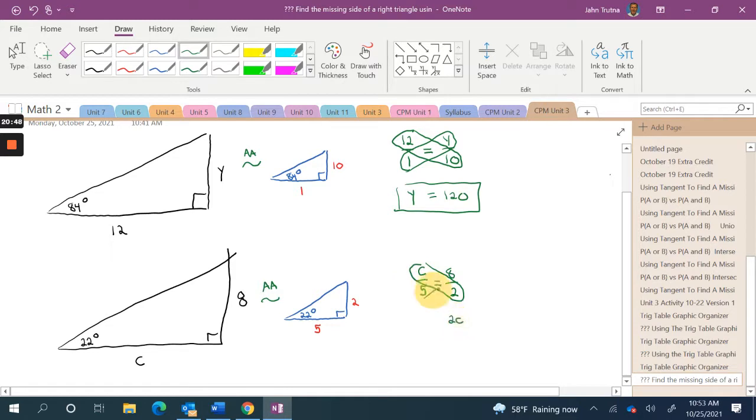I'm going to go 5 multiplied with 8, which equals 40. The results when you cross multiply are equal, and now I would divide by 2. What's c equal to? 20. Okay, there we go. All right.